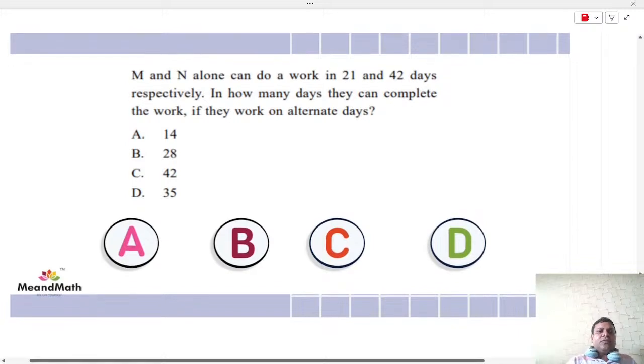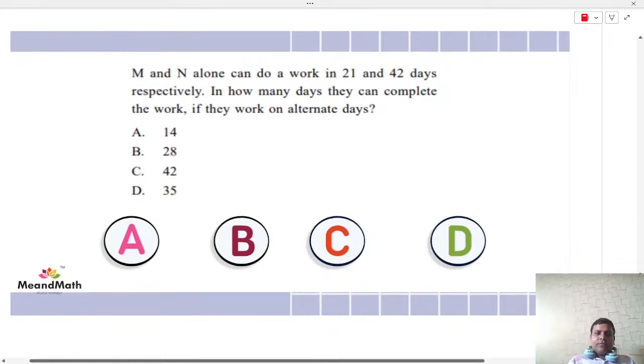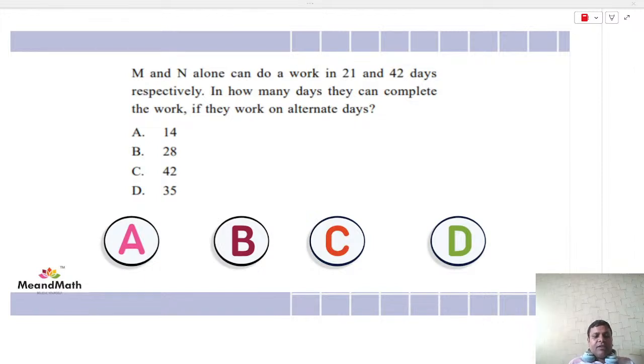M and N alone can do a work in 21 and 42 days. In how many days can they complete the work if they work on alternate days? The same question we completed a while ago, yes or no? The same method we will follow here.